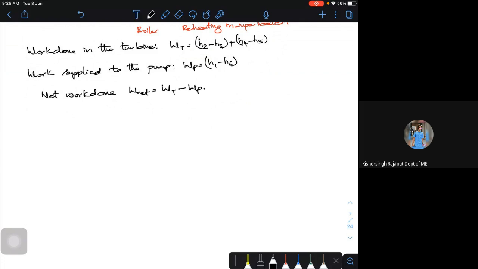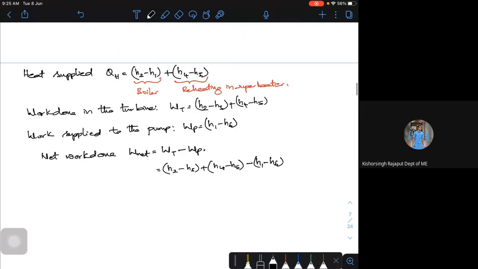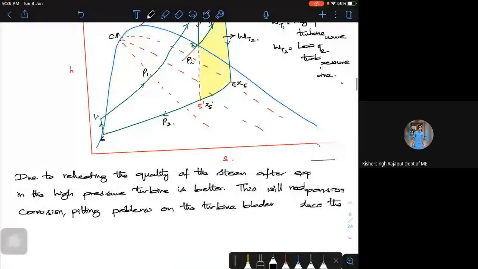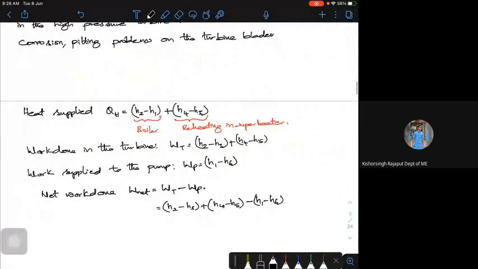That is equal to H2 minus H3 plus H4 minus H5, minus the pump work, which is H1 minus H6. That is your net work done. Let me put equation numbers. If I call this equation number 1, this equation 2, this equation 3, this equation 4.